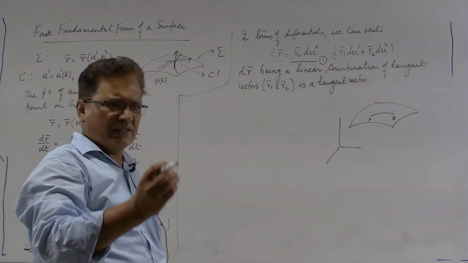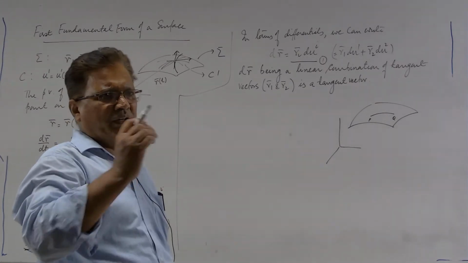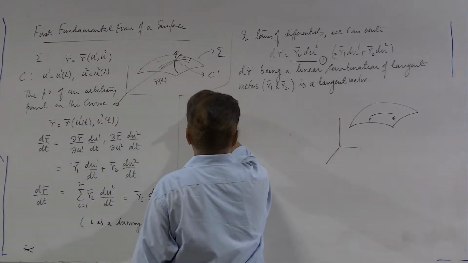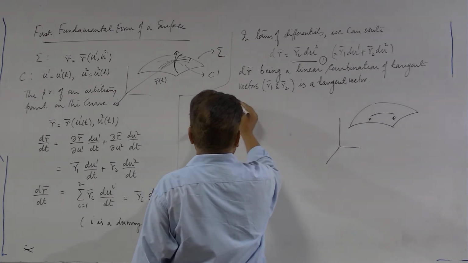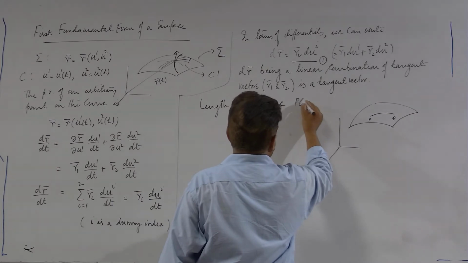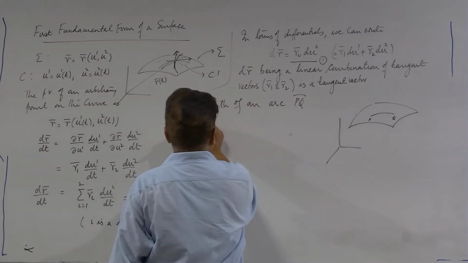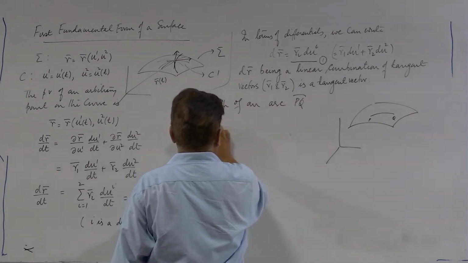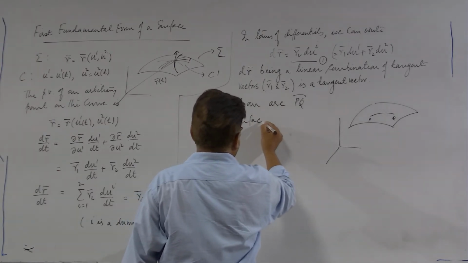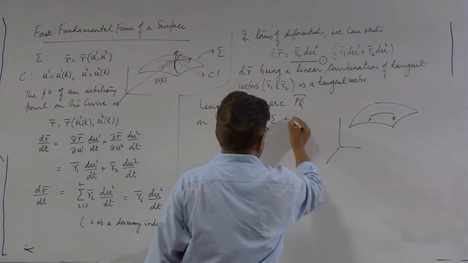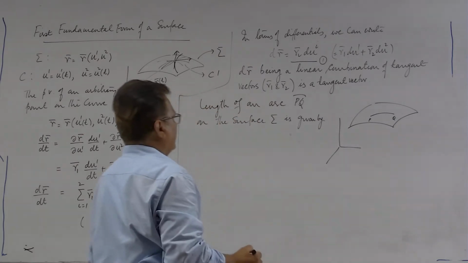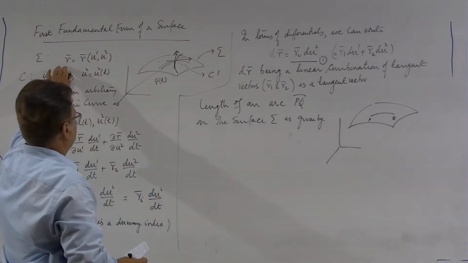Arc PQ means the length of a segment of a curve. So the length of an arc PQ on the surface sigma is given by, the surface is this all the time.